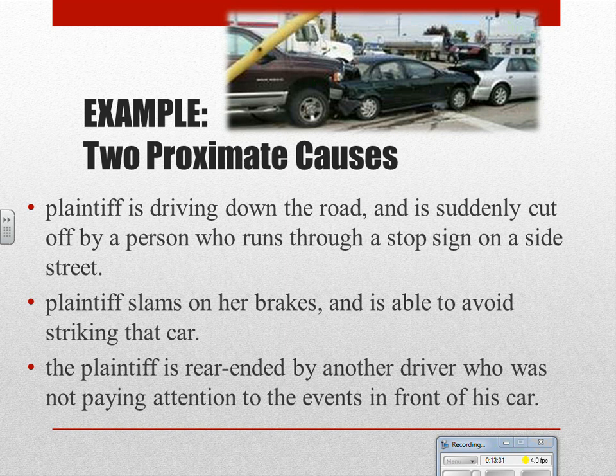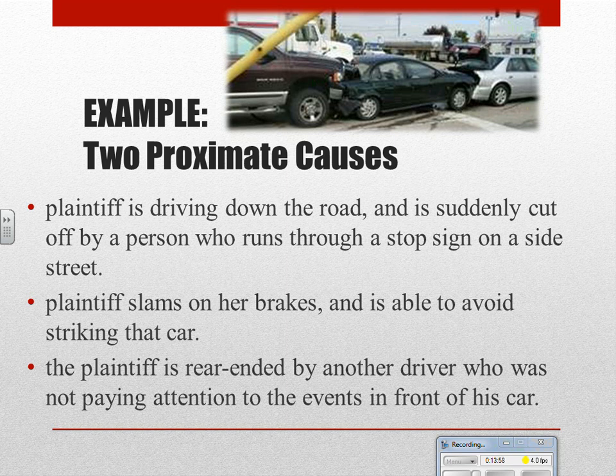Plaintiff slams on the brakes and is able to avoid striking the car. However, the plaintiff is rear-ended by another driver who was not paying attention to the events in front of the car.